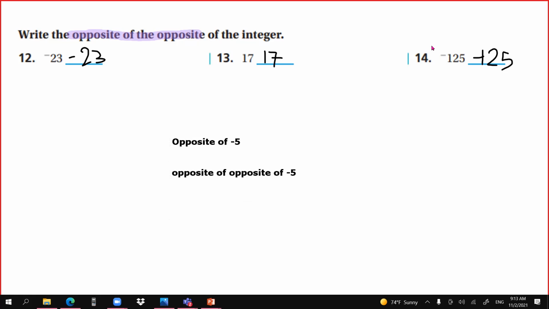Julie, just a minute. What is the opposite of negative 5? Positive 5.